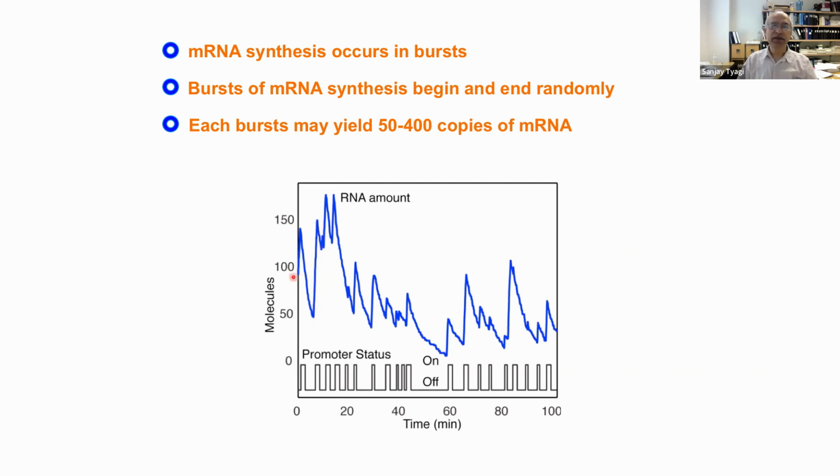So in a given cell, the population of RNA changes over time like this, and it just follows the activity at the promoter. And the promoter exists in two states, either on or off. And I would like to stress that you have removed doxycycline to turn it on. So everything should be on continuously, and yet it is not.